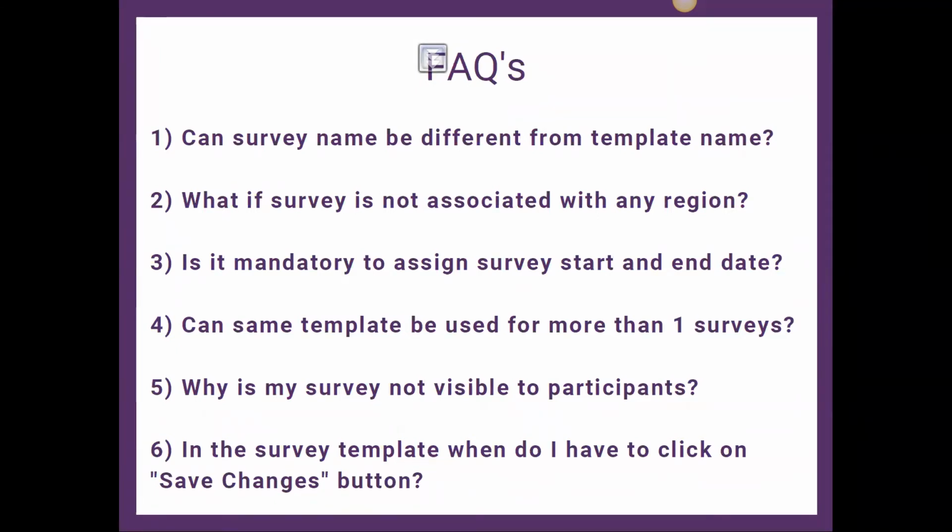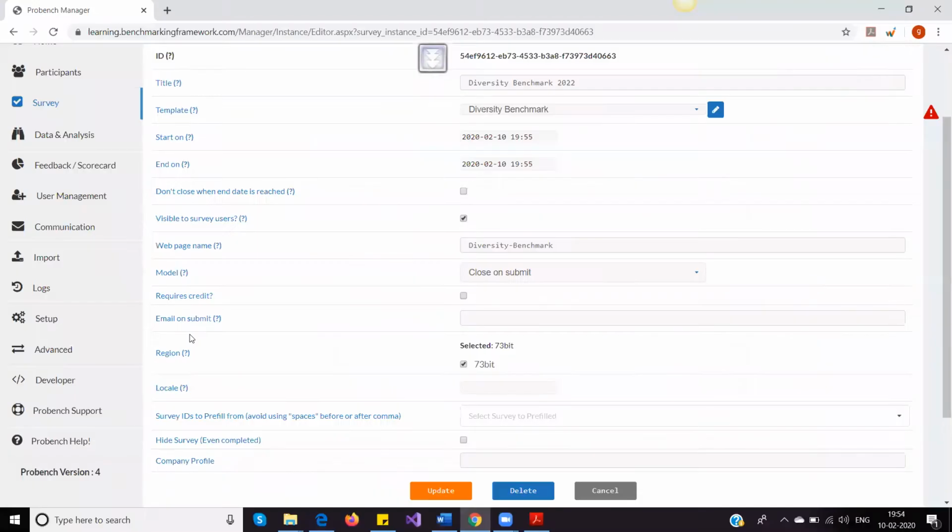Why is my survey not visible to participants? One of the reasons we have already discussed: if you have not selected a region, then the participants might not be able to see your survey. The second reason would be if you have not marked this visible to survey users, so the survey won't go live and the participants won't be able to see the survey even if you have selected a region.